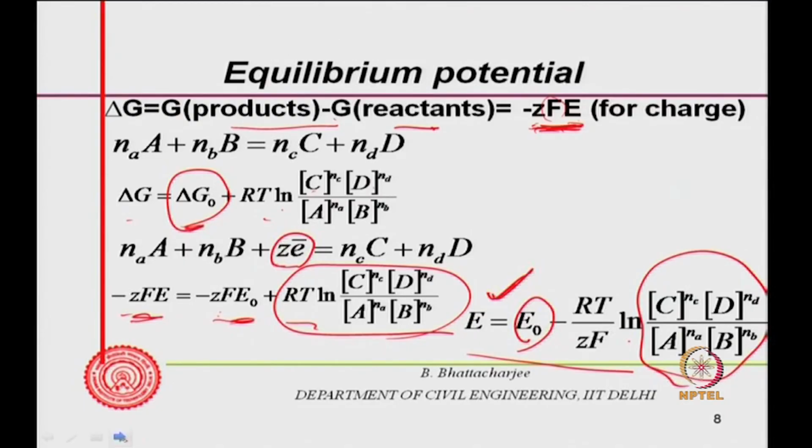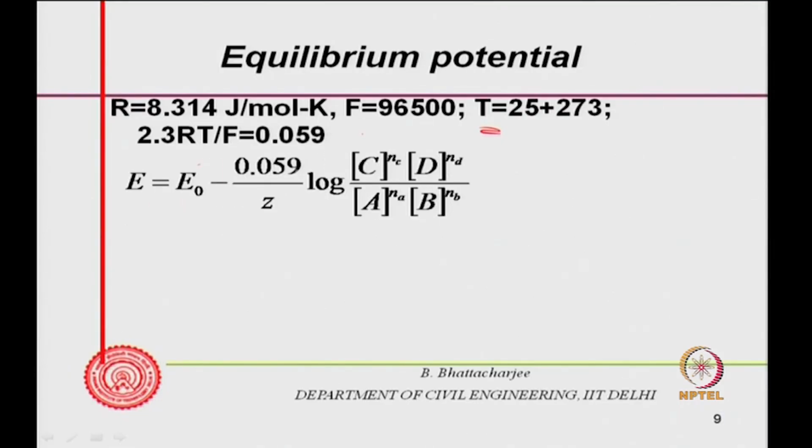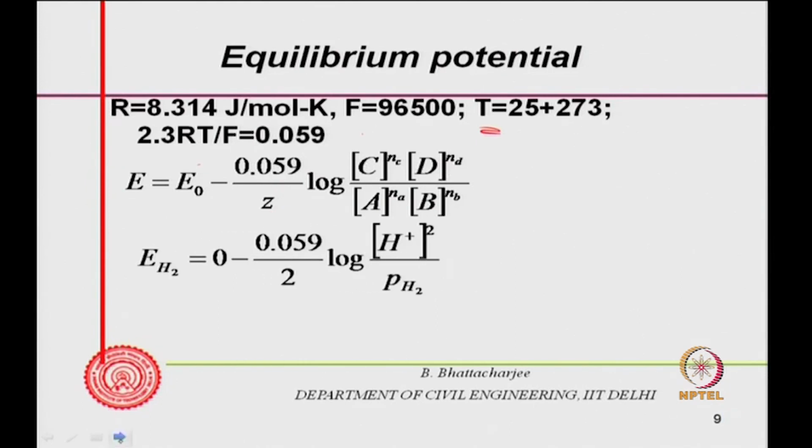So it will be 2.303 RT by F, which is 0.059, and I can write the expression as E 0 plus 0.059 by Z log. And for hydrogen, we know this value is 0, E 0 is 0 standard, because we take it to be 0 under standard conditions, that is 1 atmosphere, unit concentration and so on and so forth.